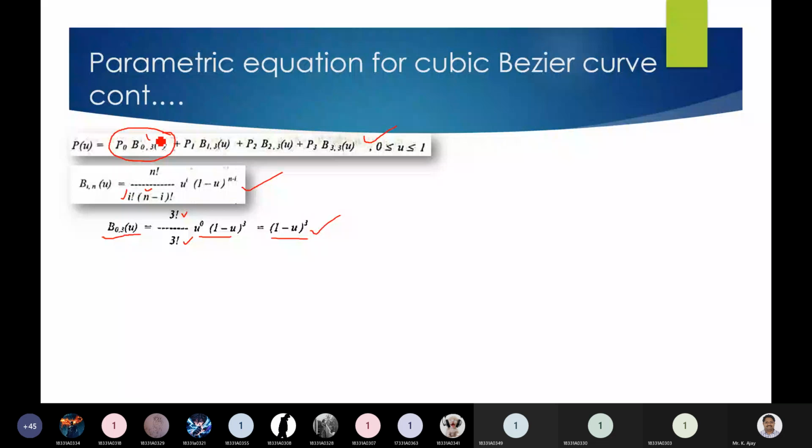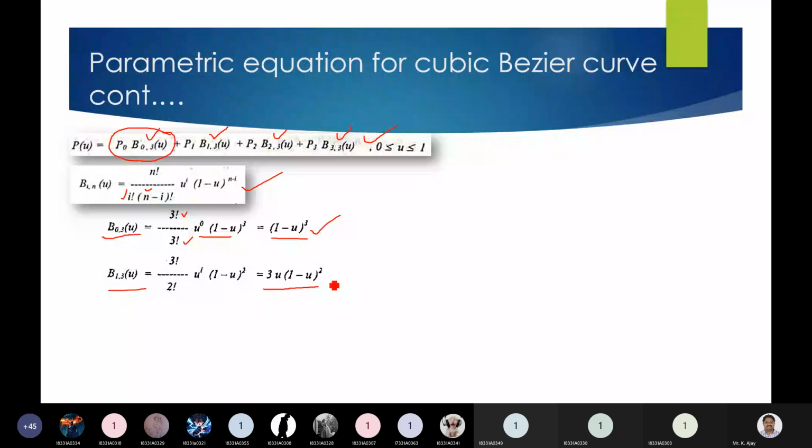Similarly, you need to calculate B13 of u, B23 of u, B33 of u also. You can calculate like this. Look at here, B13 of u. Now instead of i, you simply replace i with 1. n is always 3 only for a cubic Bezier curve. So the Bernstein function will become 3u multiplied by 1 minus u to the power of 2.